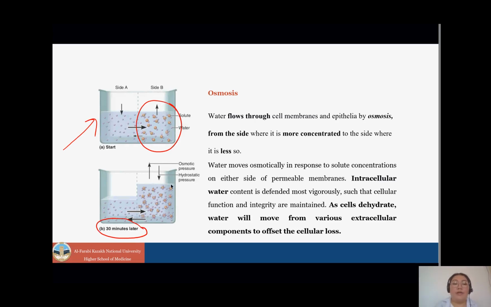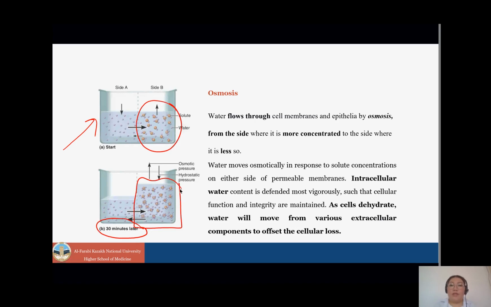the equilibrium of osmotic pressure, and we have decreased hydrostatic pressure. We need to have more water if there is more concentration, according to osmolarity.